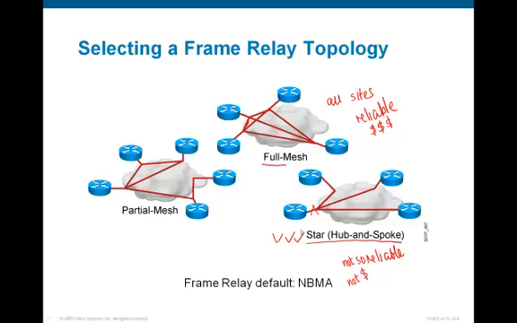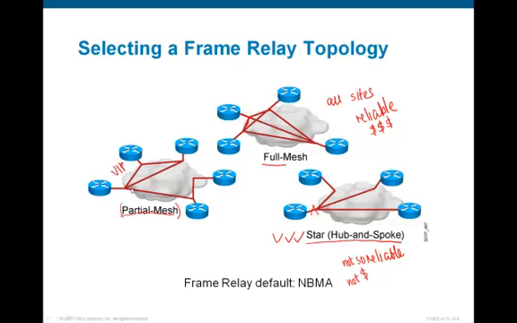Now, of course, over the years people learned to compromise, in that not every location needs to be fully meshed and not every location can do hub and spoke. So partial mesh is like a compromise solution.